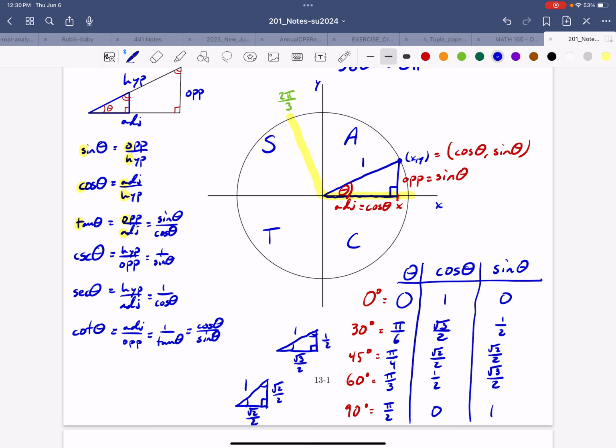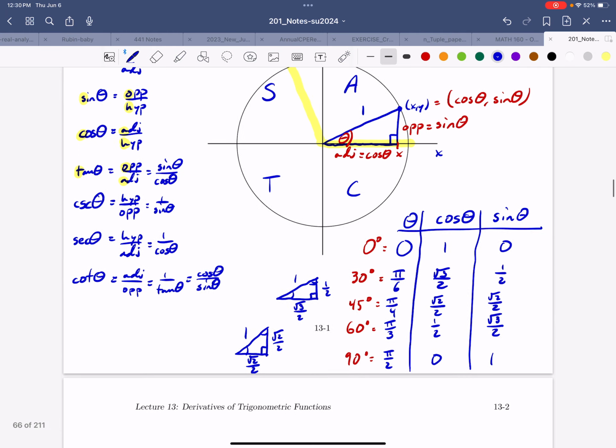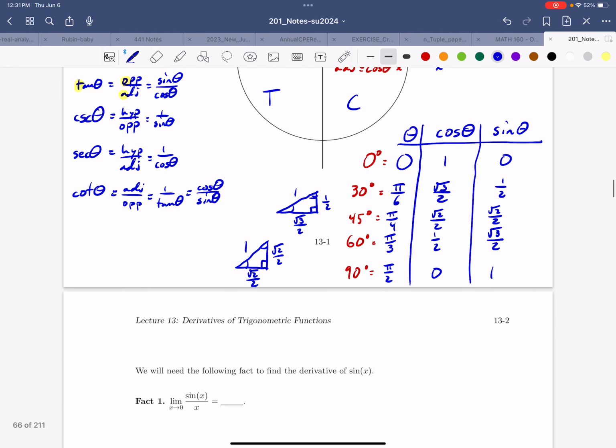And then lastly, only the x coordinates are positive there. All right? So, for example, sine of 2 pi over 3 equals sine of pi over 3, which is, sorry, root 3 over 2. Okay? So we've got that. So that's the little trig crash course.